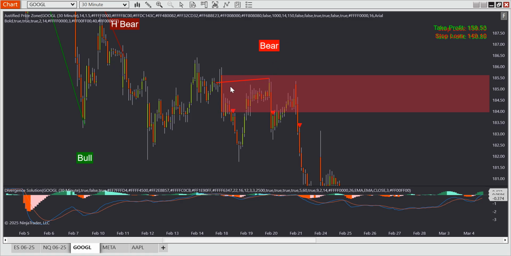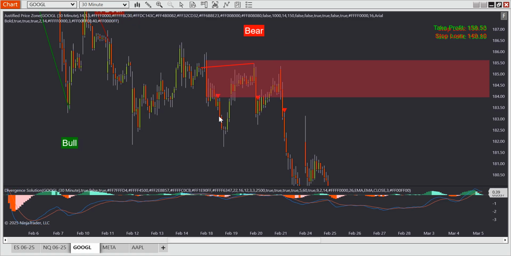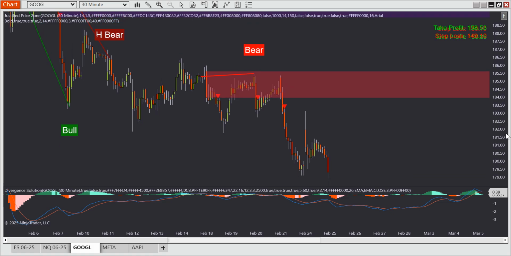We can see here bearish divergence is happening inside the zone that the Justified Price Zone indicator has picked up for bearish movement down. We see a retest here, it comes back up into here, moves down, retests, and then finally a steep drop.